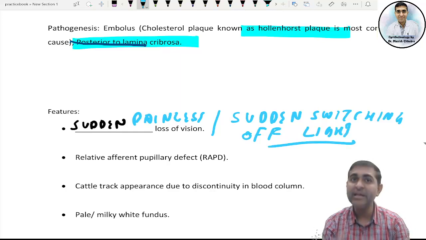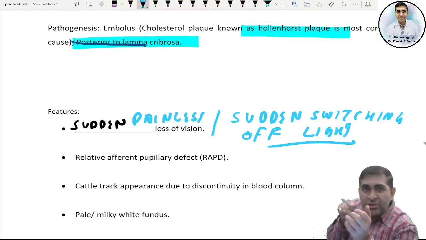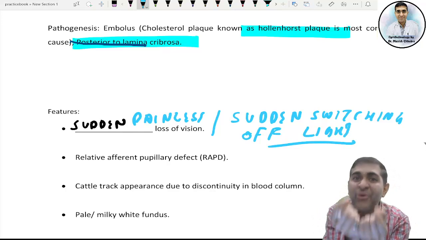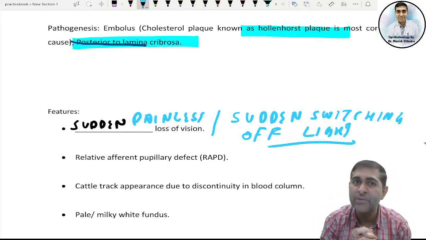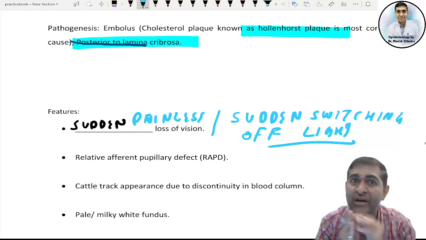Okay, now when there is complete obliteration of the blood flow of the retina, there will be RAPD. Why will there be RAPD? You remember the light reflex.